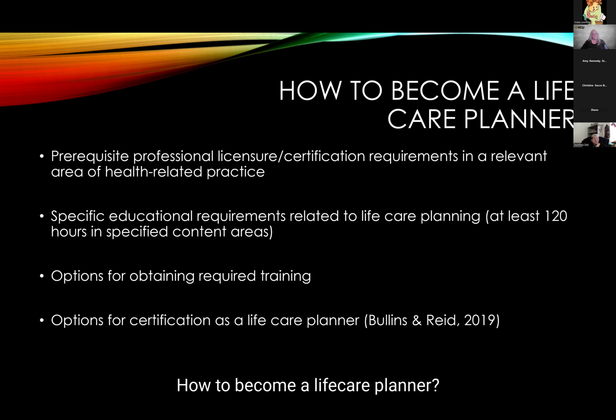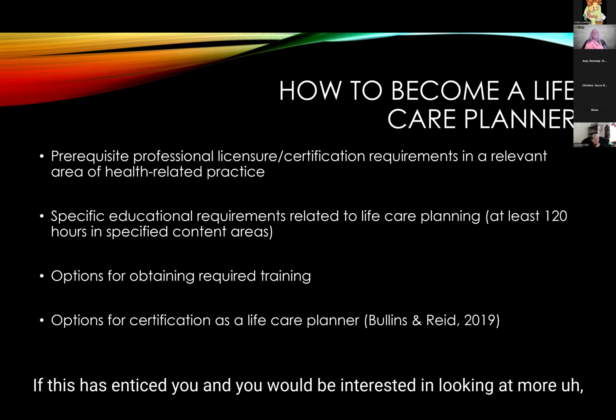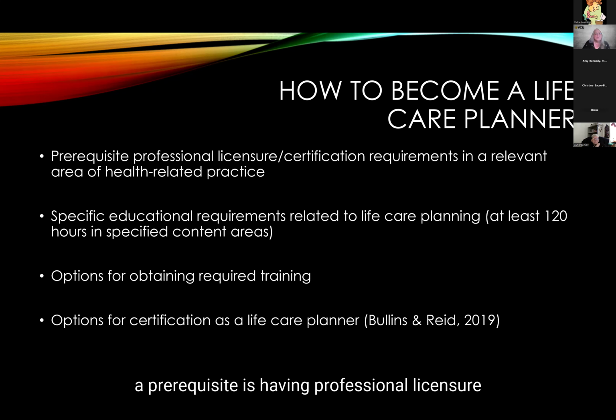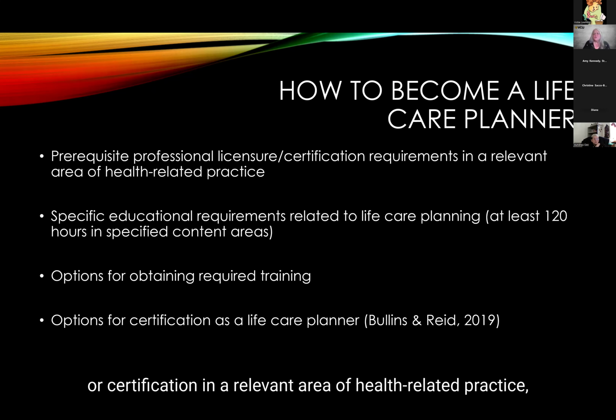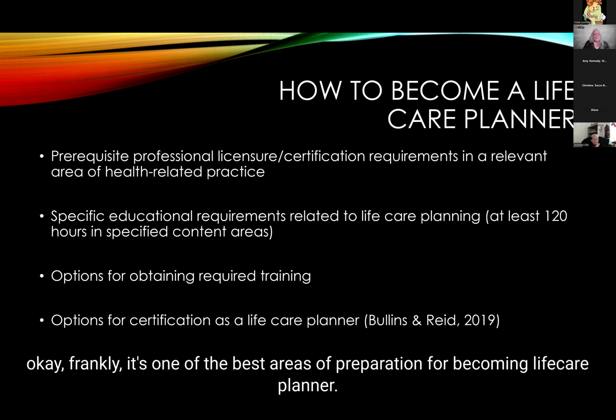How to become a life care planner. If this has enticed you and you would be interested in looking at more, a prerequisite is having professional licensure or certification in a relevant area of health-related practice. And rehabilitation counseling is one of those areas. Frankly, it's one of the best areas of preparation for becoming a life care planner.